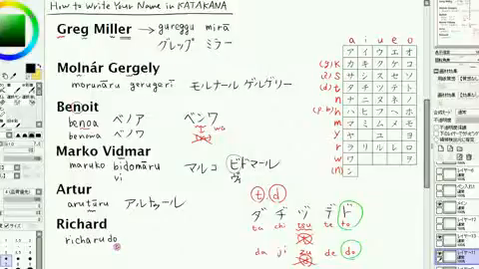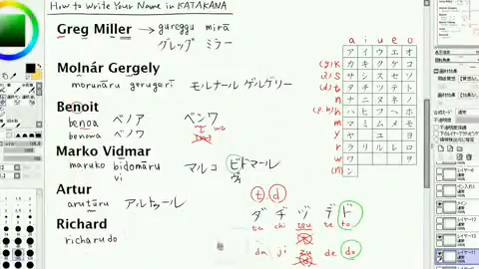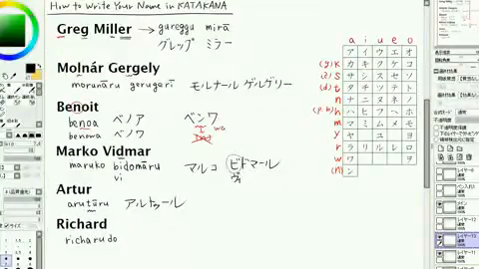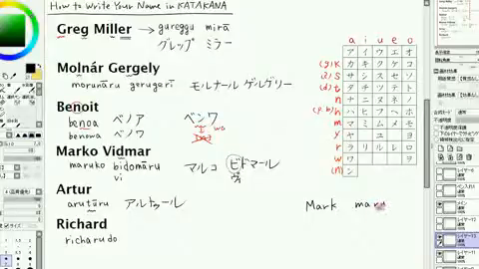But actually, we don't do that. So let me explain. Well, the thing is, we change the rule depending on whether it's an English word or maybe another European language. For example, let's say Mark. If this was an English name or American name, in that case we go Ma, and you would think it's Ru, but it's not.